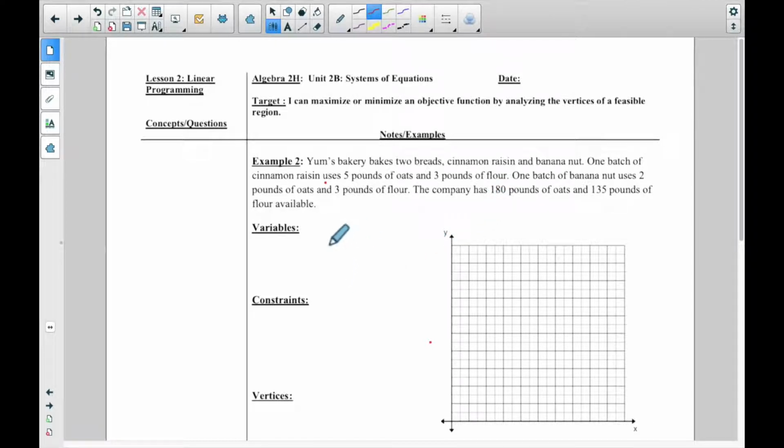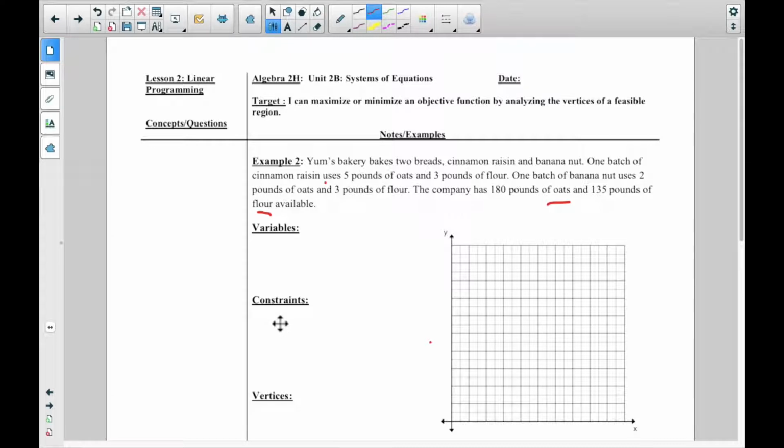And so sometimes I actually wait on the variables until the second part, and I do the constraints first. Our constraints, remember, are our limitations. If we look at what the limitations are, we have one limitation of oats and another limitation of flour.